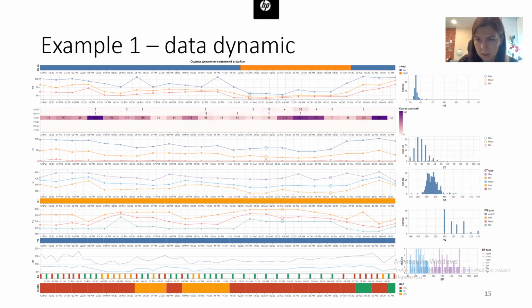Heart rate, ST. I don't see a legend here, unfortunately. Oh no, it's max value of heart rate, mean value of heart rate, and minimum value. Yes, so it's some range of the heart rate, and we divide our time into parts of half an hour.